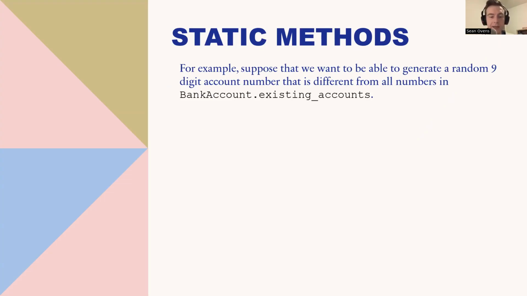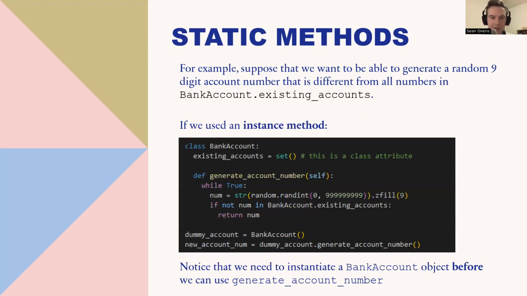If we used an instance method for this, this is what that would look like. We would need to accept self right here as an argument to our method. However, as you can see at the bottom of our program, before we can call generate account number, we need to have access to a bank account object.